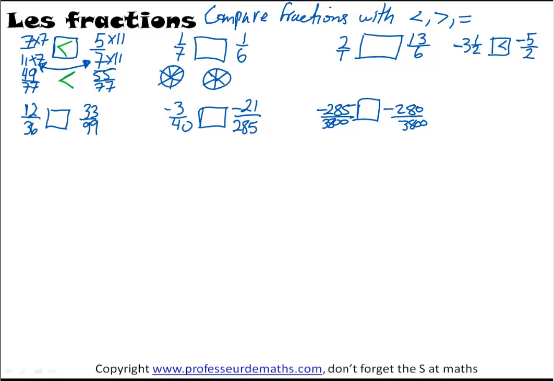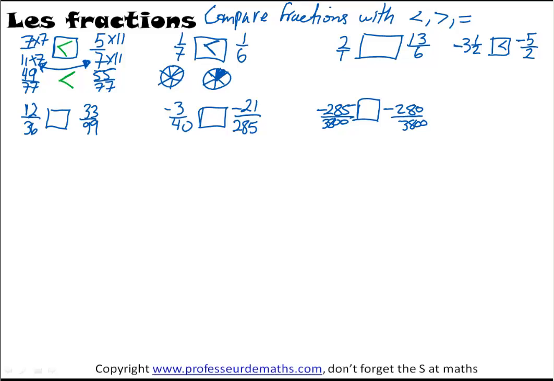Of course, the sixths are bigger than the sevenths, because if you divide a pie between 6 people, they're going to have a bigger part than if there are 7 people. The more people take a part of the whole, the smaller each part is going to be. So 1 sixth is greater than 1 seventh for this reason.